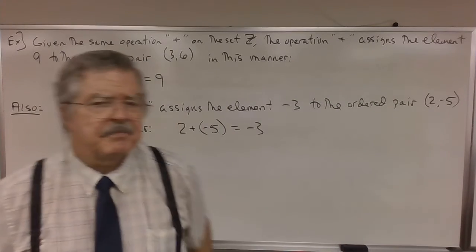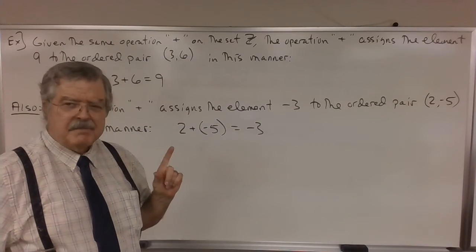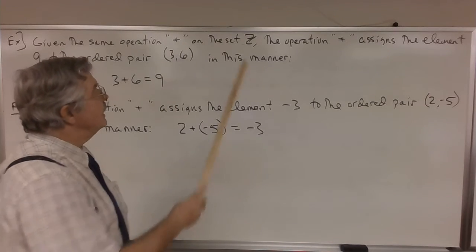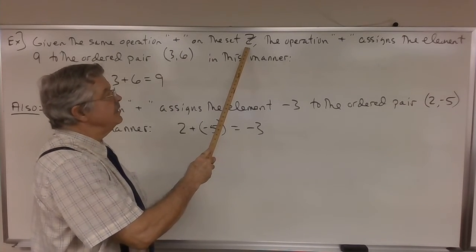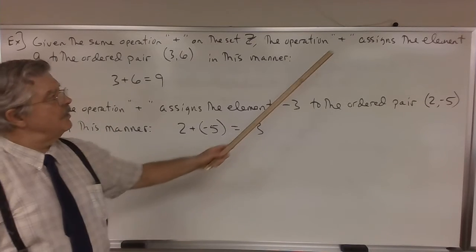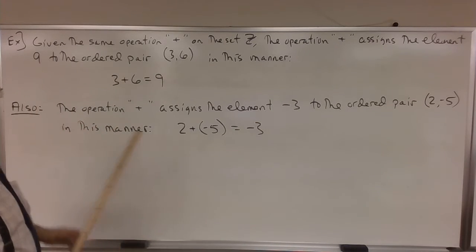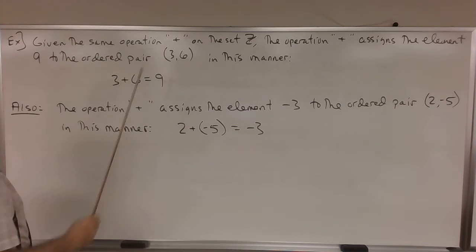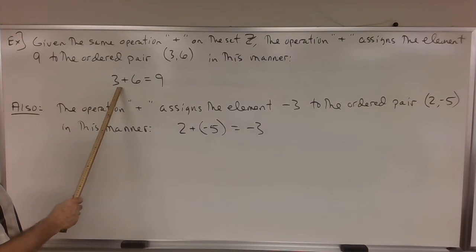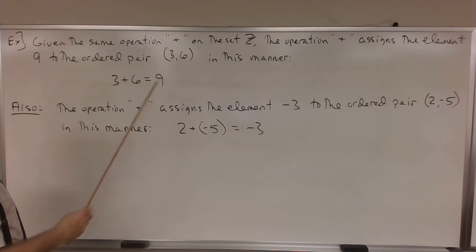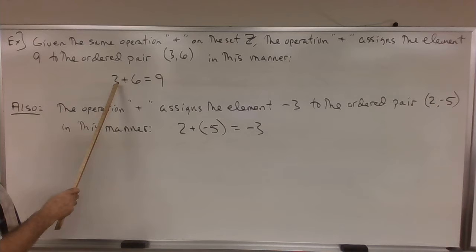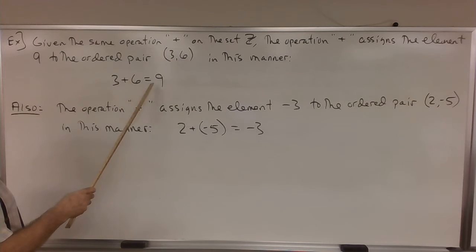Another example. We'll take the same binary operation, plus, and the same set, Z, the integers. And we'll note that plus assigns the element 9 to the ordered pair 3, 6 in this manner. 3 plus 6 equals 9. So 9 is assigned to the ordered pair 3 and 6 in this manner.